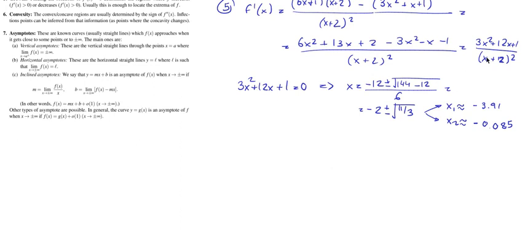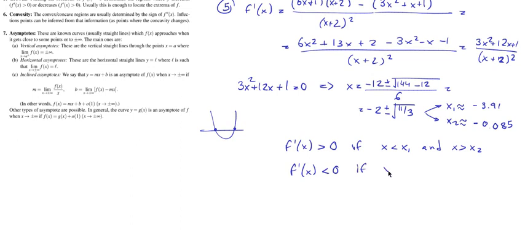Now the derivative: this is a positive parabola, so f prime is going to be positive if x is smaller than x1 and if x is greater than x2, and negative if x is between x1 and x2.